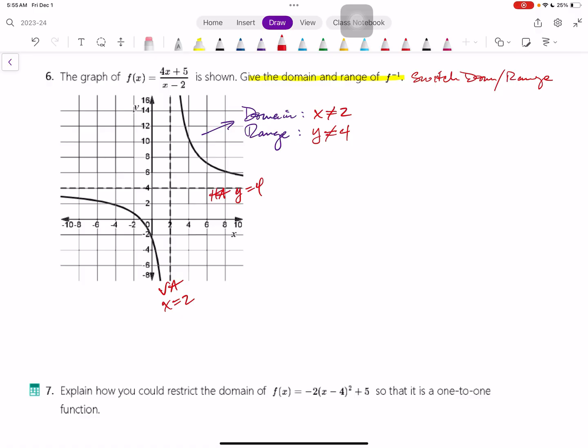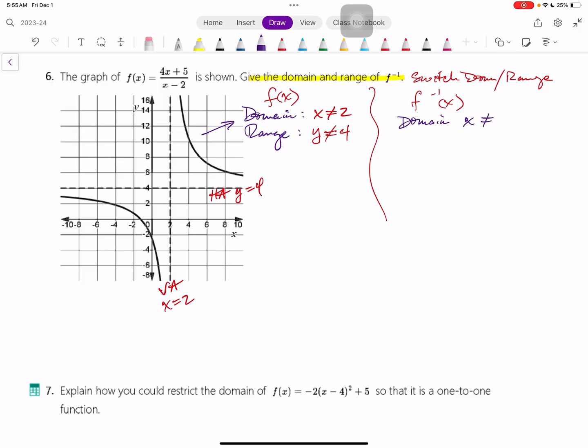Then, this is of f of x, the original function. Now for f inverse, that's different. You've got to switch the domain and range, as I keep on saying. So the domain of the inverse function is, let me back up, the range of the original function becomes the domain of the inverse function.